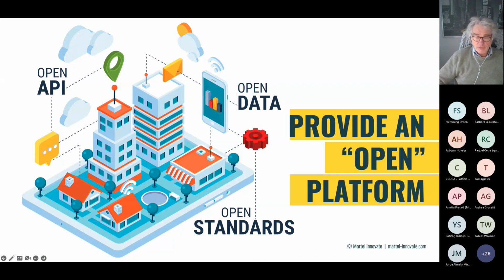So open is open standards, open data, opening data, and open APIs to build solutions jointly for communities, territories, and rural areas. And here is where new technologies come in. Drones were mentioned in the beginning. For us, it's just a mobile sensor, but a sensor that can perform different tasks.